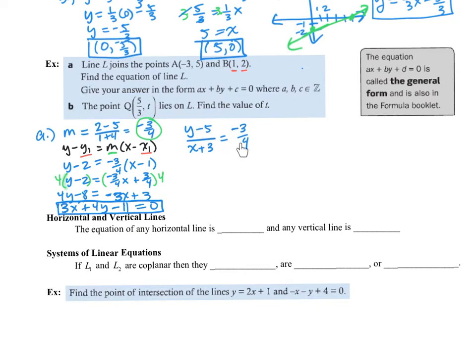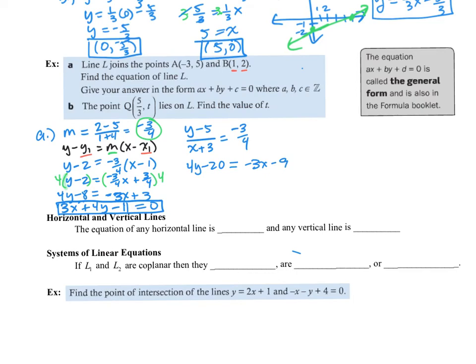Now from here, we could cross multiply. This is a proportion, and we can cross multiply. When I cross multiply this way, I'm going to take 4 times y and 4 times negative 5. So that's going to be 4y minus 20 equals, now I'm going to take negative 3 times x, which would give me negative 3x. And then we're going to take negative 3 times positive 3, which would give me minus 9.